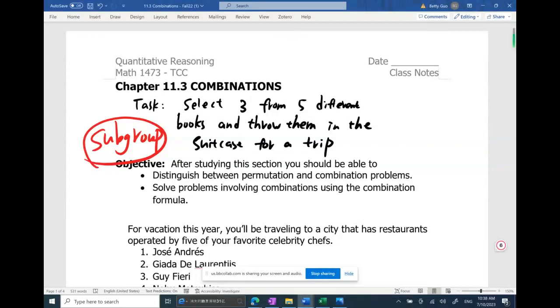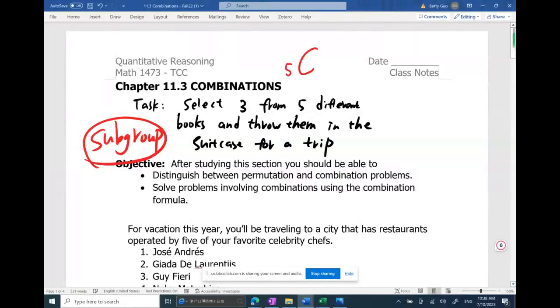Your task in a combination situation is to select a subgroup from the total number of items. Later when we look at the problems, all those combination problems should have the same pattern as this one. Now how many different ways do we have?